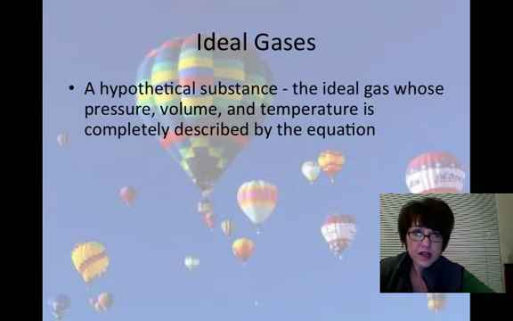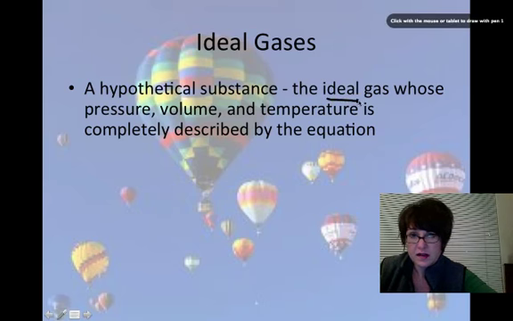All right, so if we're using the ideal gas, we're really talking about an ideal gas that doesn't exist. It's a hypothetical substance that would completely follow the law, and not all gases work that way.